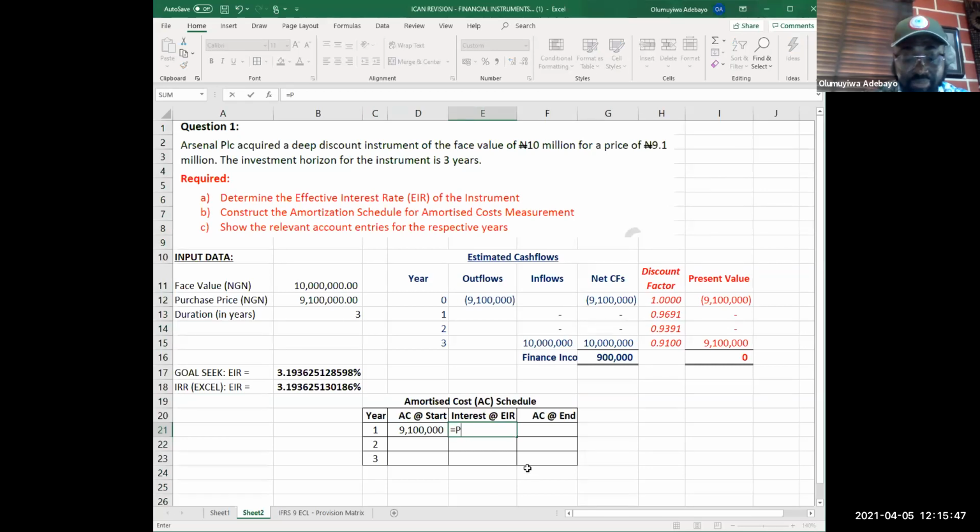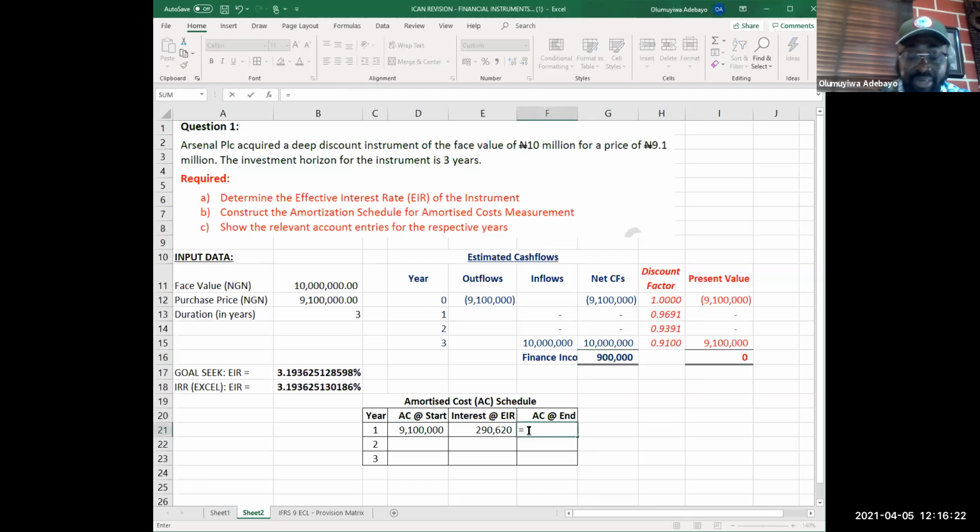My interest is the product of multiplying my effective interest rate with my opening balance, which is my amortized cost at the beginning. Because the effective interest rate is a constant factor, I will lock it. That gives me the interest I'm going to recognize. Out of this 900, I'm recognizing 290 in year 1.